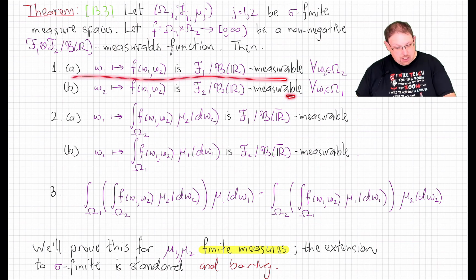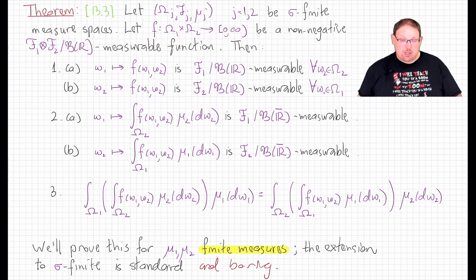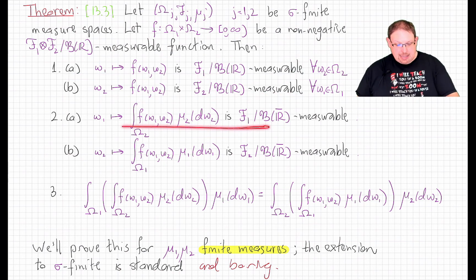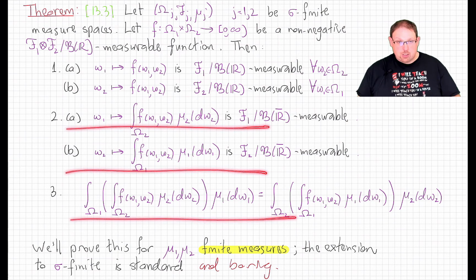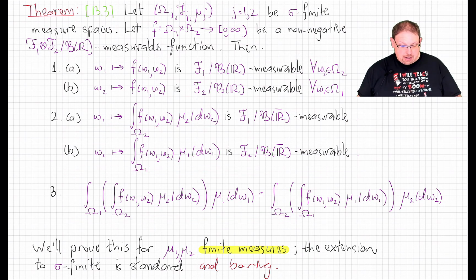Here again, just by the robustness of measurability under limits, and in these cases where we have to exchange a limit and an integral, this time that will be justified by the monotone convergence theorem, again twice in the iterated integrals down here. If you want to write out all those details, be my guest, but I'm going to call this theorem proved.